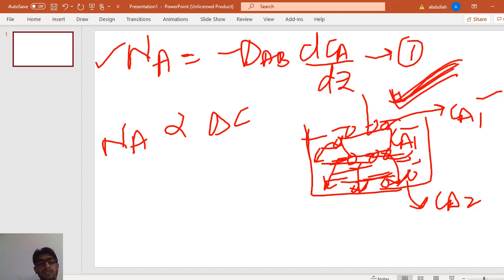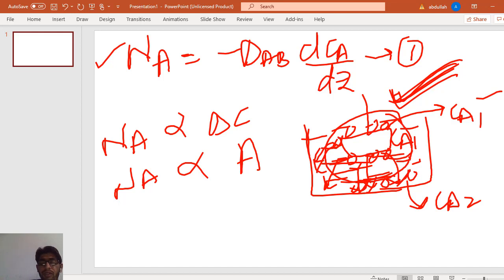So in the convective mass transfer, the molar flux is directly proportional to the concentration gradient. Similarly, the molar flux is directly proportional to the area for the transport of molecule. If the area for the transport of component A is increased, then the mass transfer will be increased. If the transport area for component A is decreased, then the mass transfer will be decreased, the flux will be decreased.